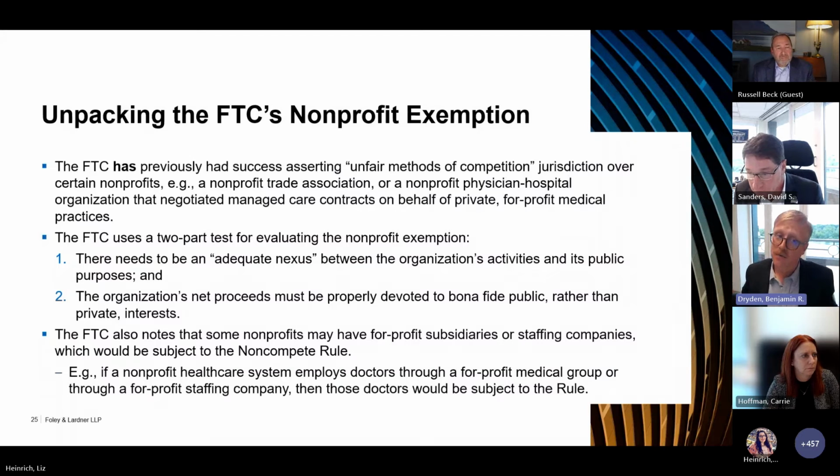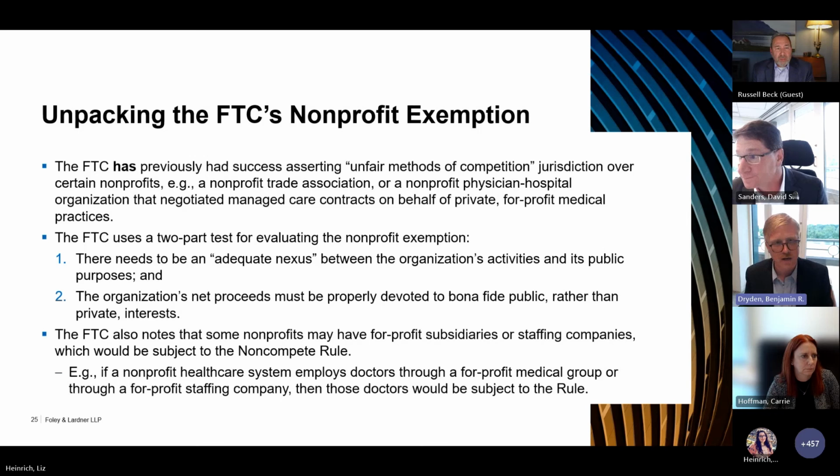The FTC, however, has in the past successfully asserted UMC jurisdiction over some nonprofits. They just do so by looking through and saying, you're a nonprofit for federal taxation purposes, but for purposes of the FTC Act, you are organized to carry on business for the profit of your members.